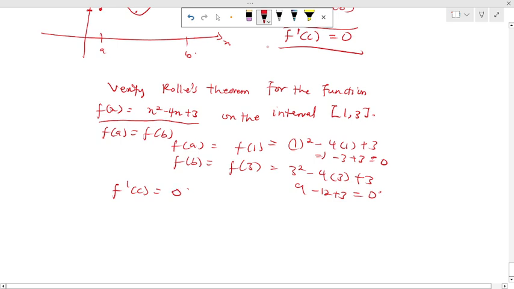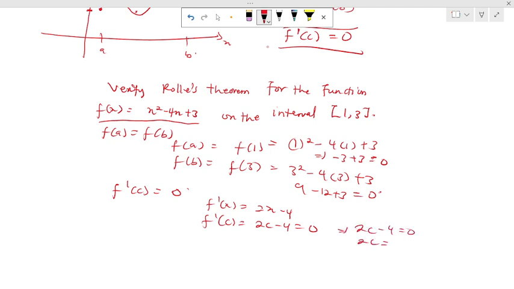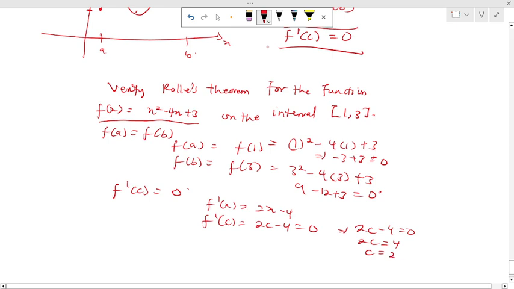So first of all, you find f prime of x, and that gives us 2x minus 4. Then f prime of c gives me 2c minus 4, and it should be equal to 0. Therefore 2c is equal to 4, then c is equal to 2.